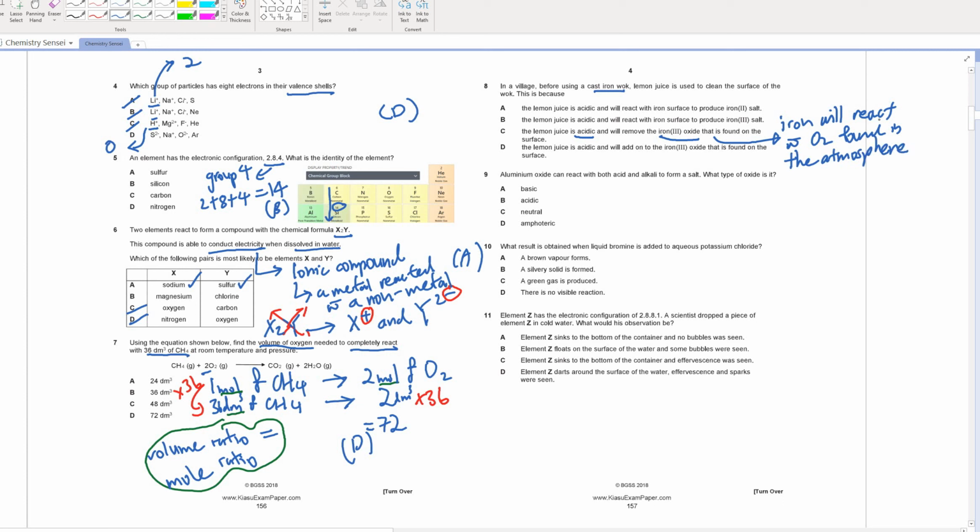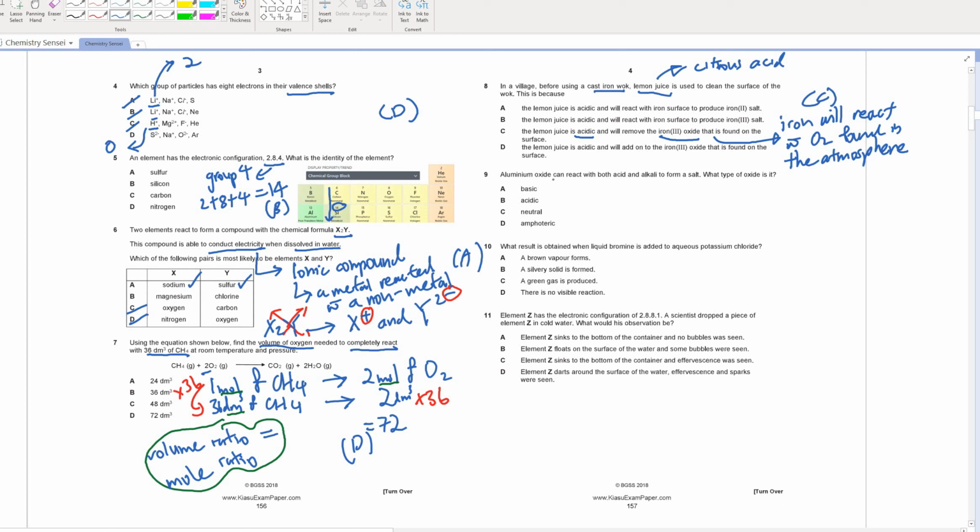Alright. So we want to remove this layer of iron 3 oxide by using lemon juice, which contains citrus acid. Okay, so this is a acid-base reaction. Okay, so the correct answer is option C.